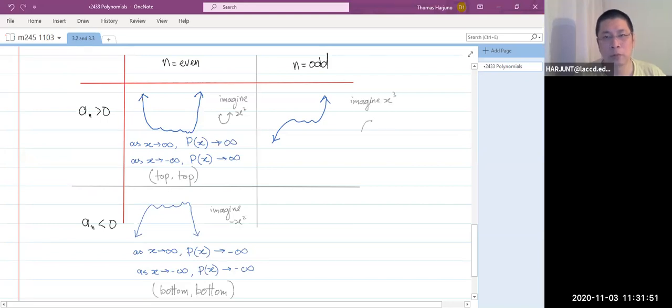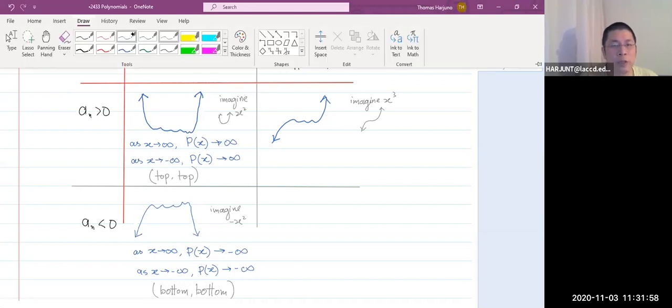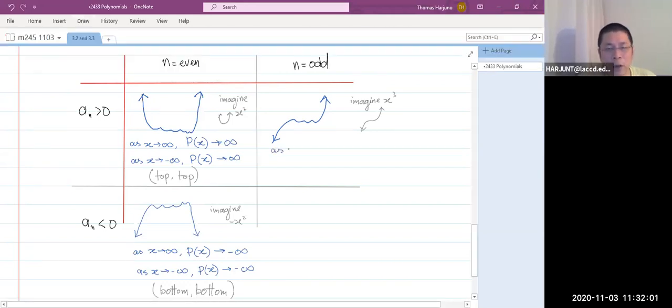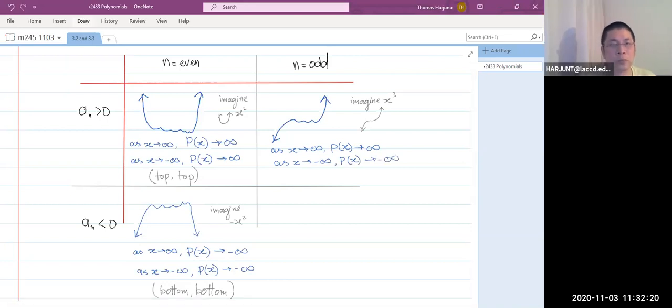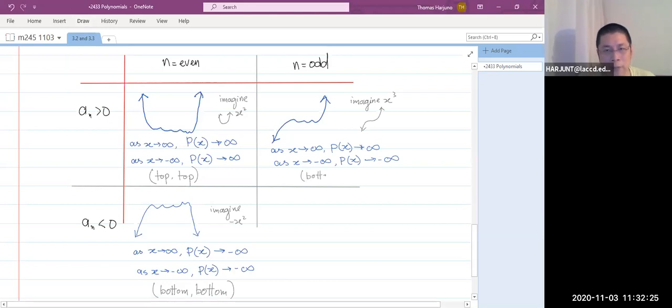The graph of x cubed looks like this, which means as you go very far to the right, the polynomial function will go to infinity. And when you go far to the left, the value of that polynomial function will be going to negative infinity. In short, I call that bottom on the left, top on the right.